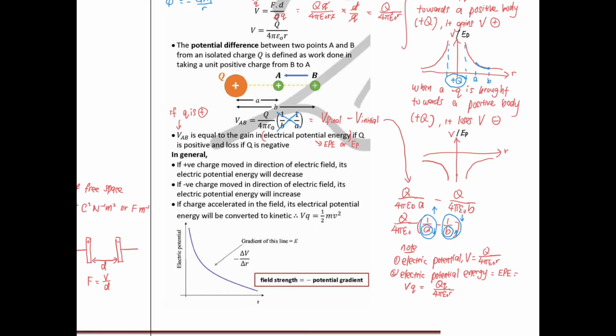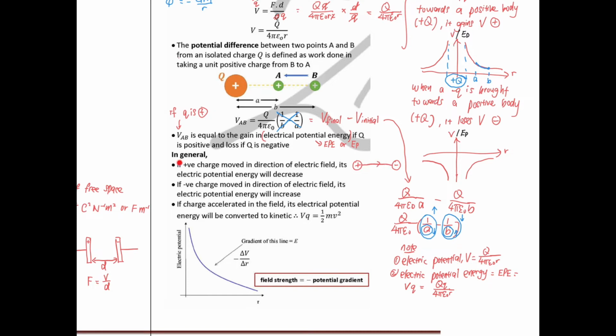Direction of electric field is like this. Imagine you have a positive charge and a negative charge. We draw our electric field from positive to negative. This is the direction of electric field.